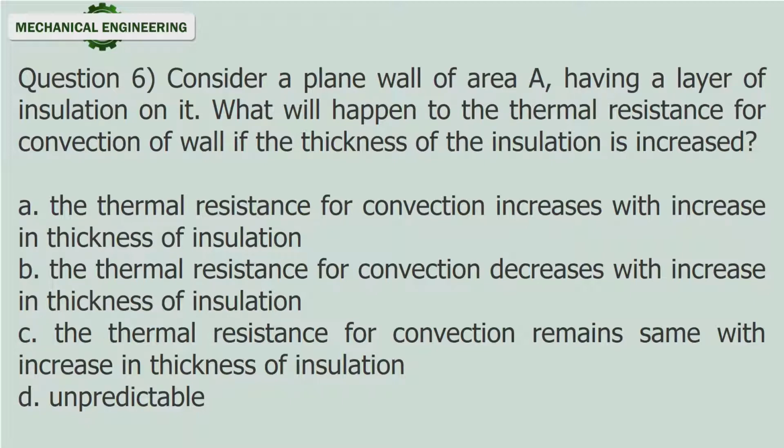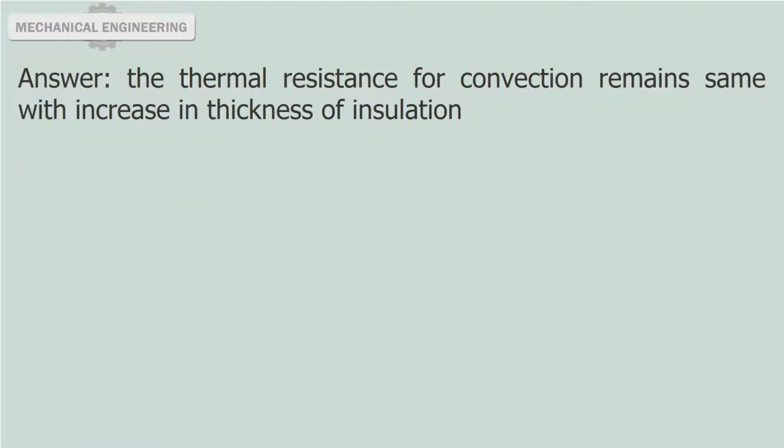C. The thermal resistance for convection remains same with increase in thickness of insulation. D. Unpredictable. Answer: the thermal resistance for convection remains same with increase in thickness of insulation.